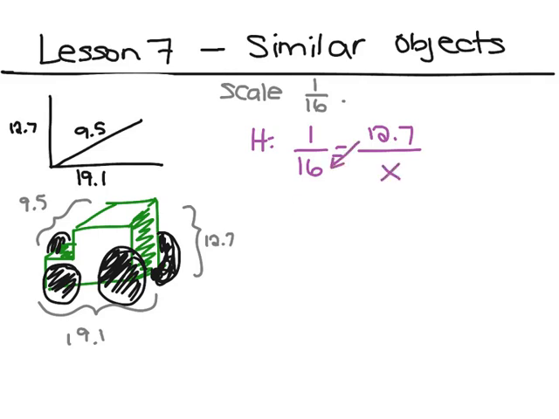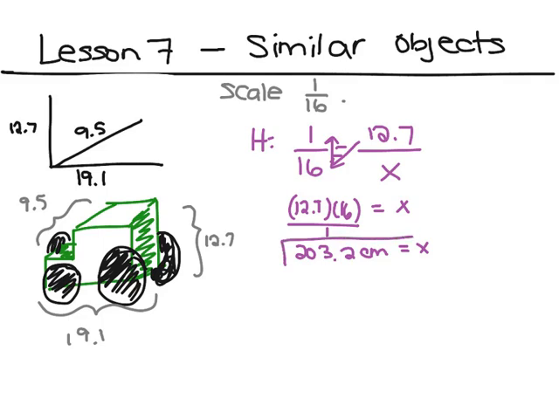So 12.7 times 16 divided by 1 equals x, and if you type that into your calculator, you should get 203.2 centimeters. So that's the height of the actual tractor.